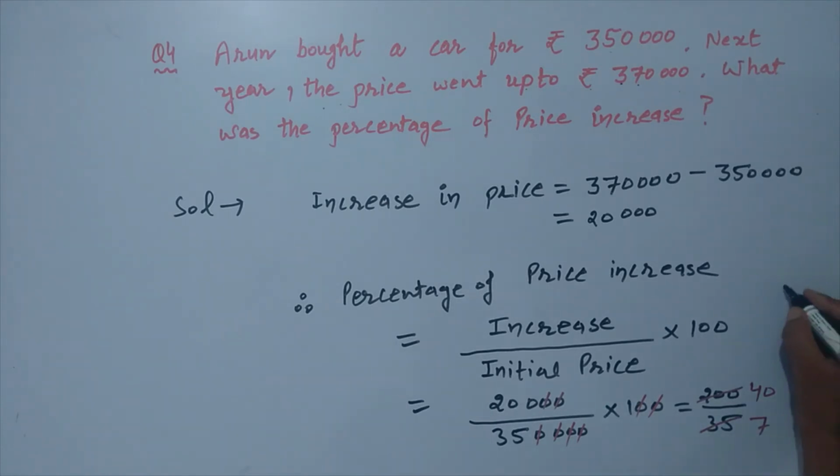Now divide 40 divide 7. 7 5s are 35. 5 decimal. 7 7s are 49. 1. This way, or we can go up to this, and we write this as equal to 5 is to 1 upon 7.